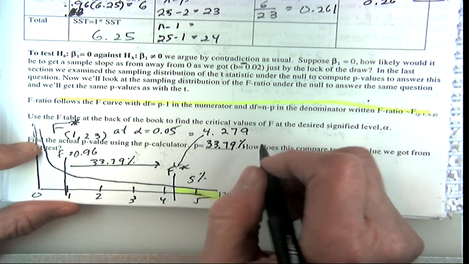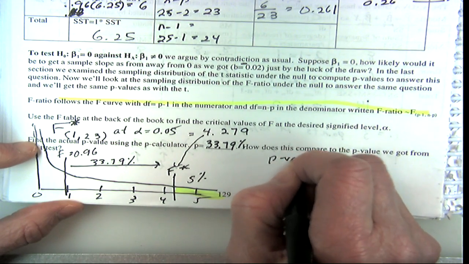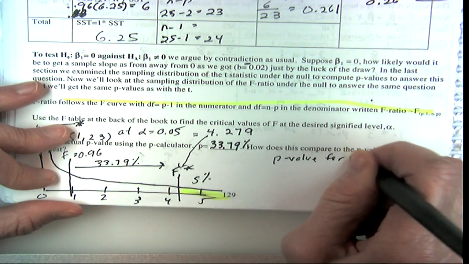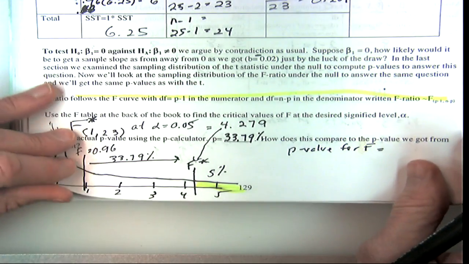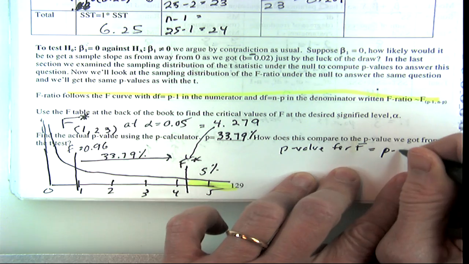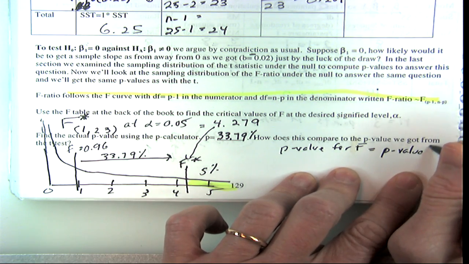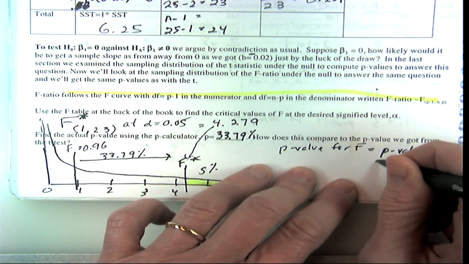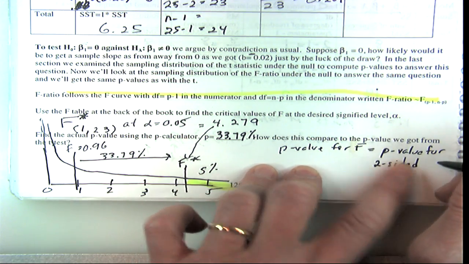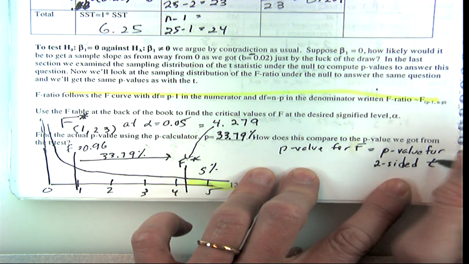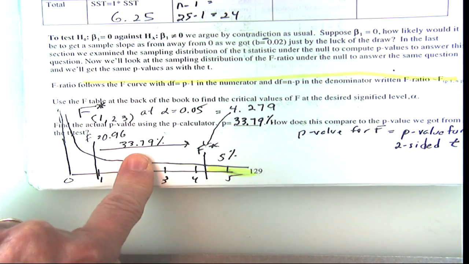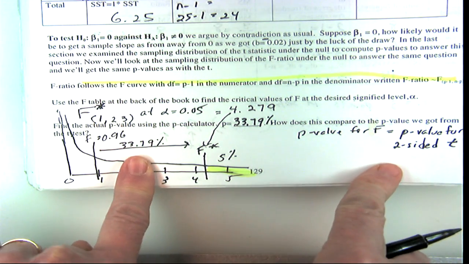Our p-value for the F is equivalent to the p-value for the T for two-sided, both, because it doesn't distinguish between the negatives and the positive. And we'll draw it on the next page and you'll see. It's just twice what we got for the T.